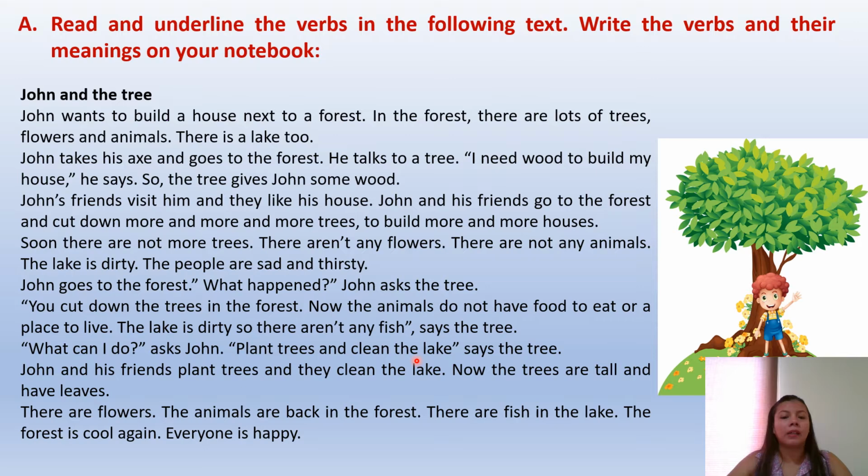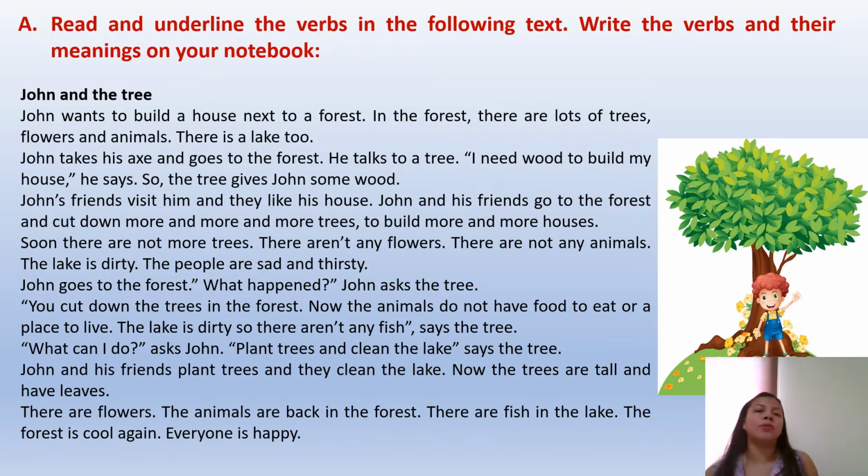Plant trees and clean the lake, says the tree. John and his friends plant trees and they clean the lake. Now the trees are tall and have leaves. There are flowers, the animals are back in the forest. There are fish in the lake. The forest is cool again. Everyone is happy. So, this is the reading.